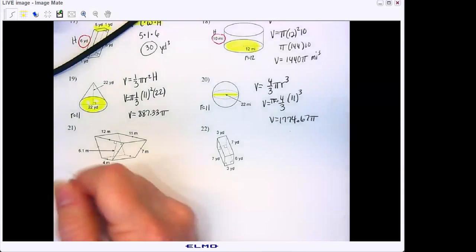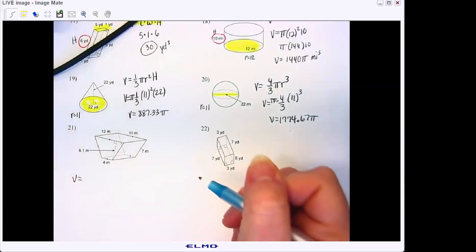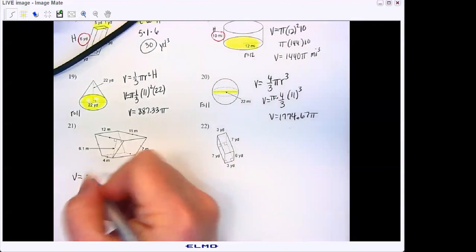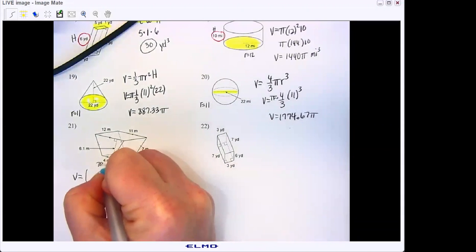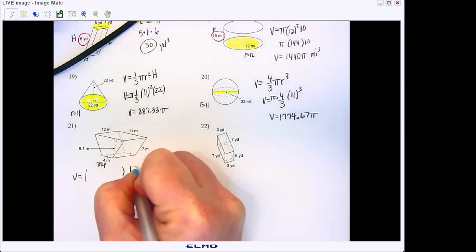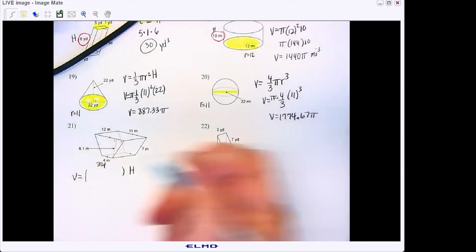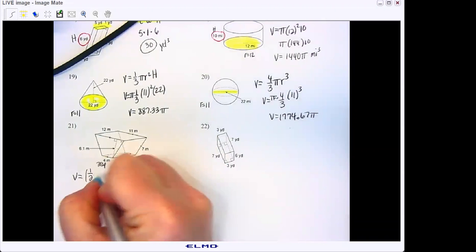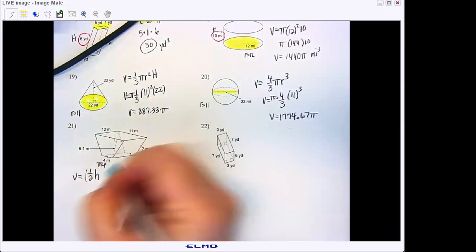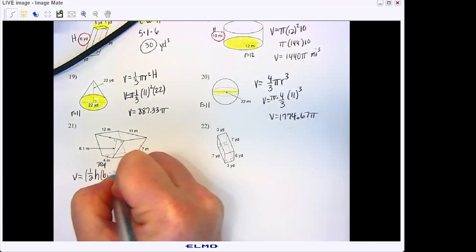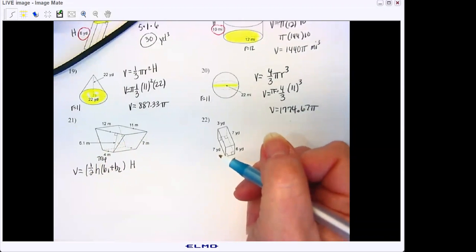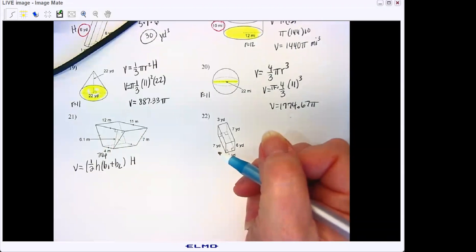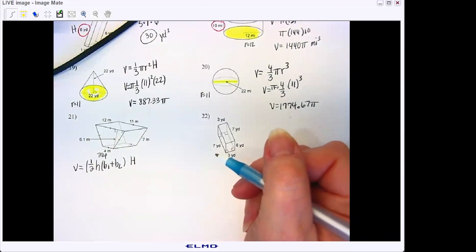Okay. Let's look at this one. Volume is equal to, okay, your trapezoid times h. 1/2 the h of your trapezoid, B1 plus B2. What is the height of my trapezoid?